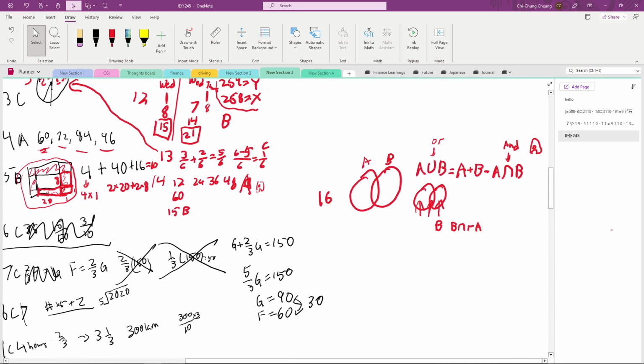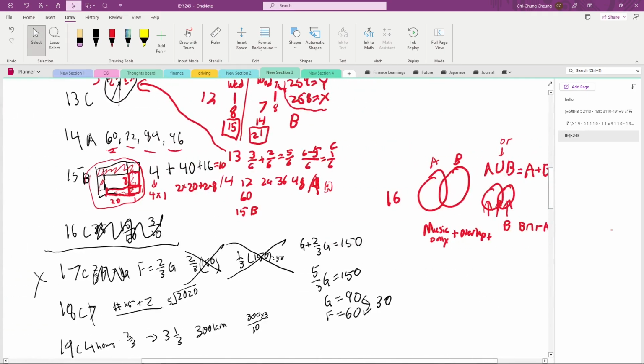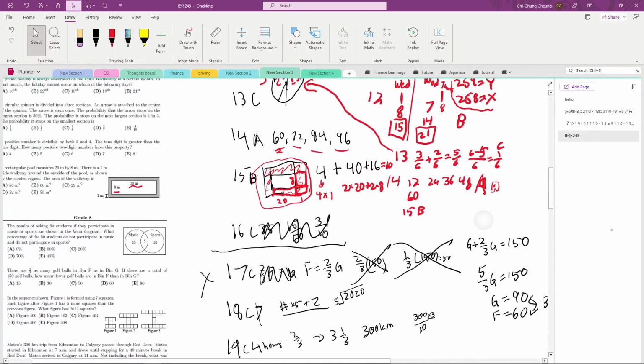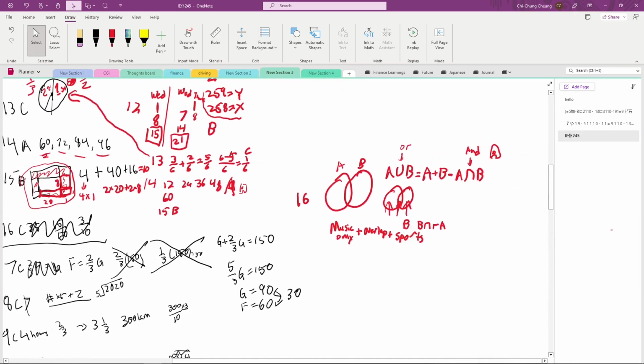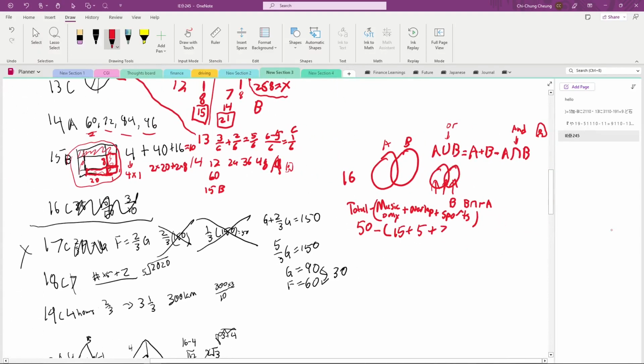So it's just the music only plus the overlap plus sports, but then it's total minus this stuff, which is 50 minus what is it? 15 plus 5 plus 20, which is 50 minus 35, which is... no, what?